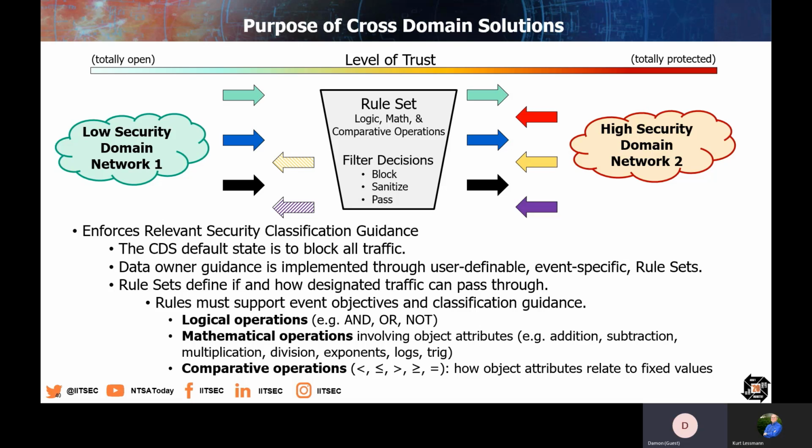This can be done to enforce relevant security classification guidance. Therefore, the default state is to block all traffic, but the data owner guidance is implemented through these user-definable and event-specific rule sets. The rule sets can apply, as I said above, logical operations, math operations, and comparisons to determine how this data should be transferred.